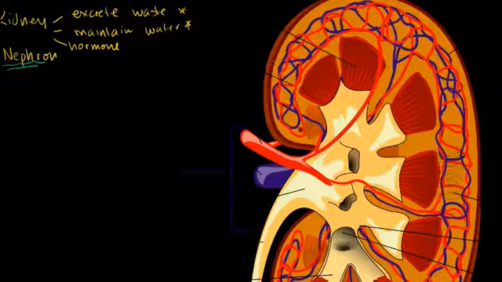This area right here, from here to here, this is called the renal cortex. Whenever we talk about something with the kidney, if you hear renal anything, that's referring to the kidney. So this right here is the renal cortex, that outer part right there. And then this area right here, this is the renal medulla.